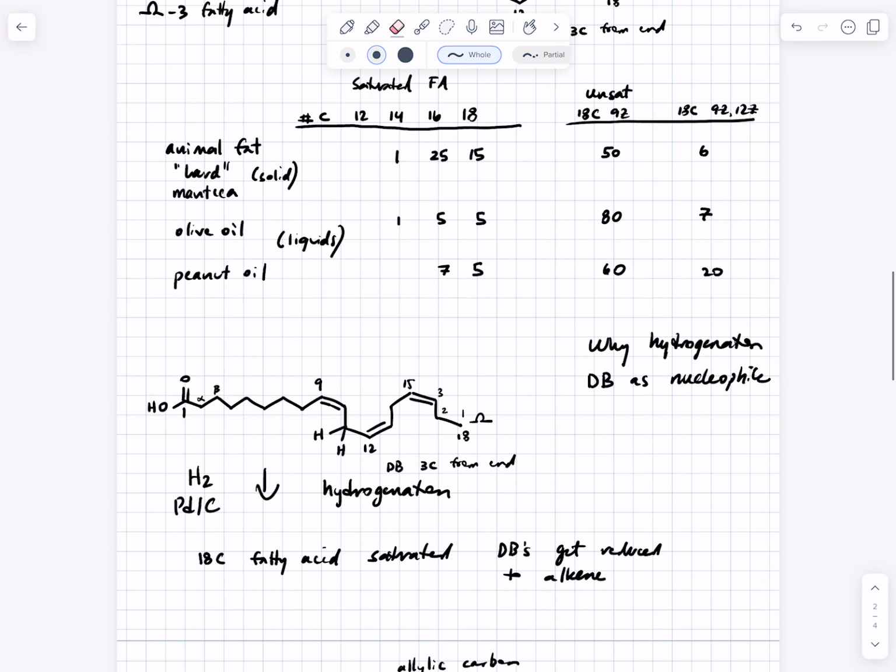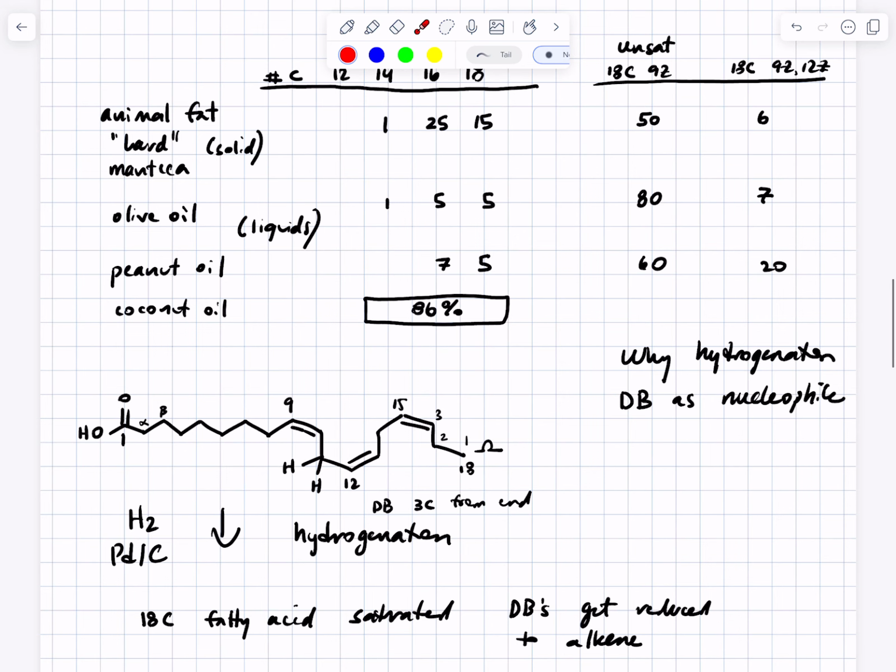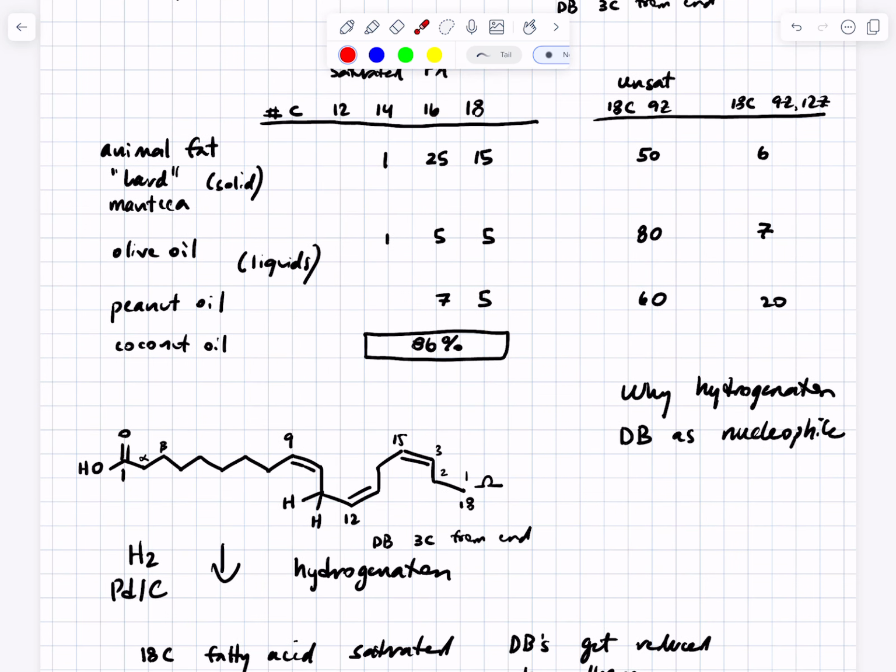Let me show you one plant-derived oil that is mostly saturated. So, coconut oil. You can buy this at the store. They call it coconut oil. I think they call it oil because it's isolated from plants, but it is 86% a composition of 14, 16, and 18 carbon fatty acids.